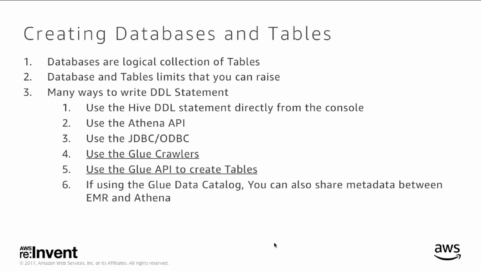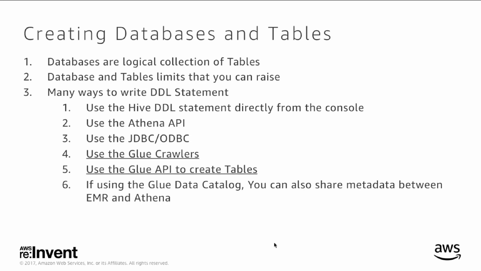One way is crawlers. Crawlers are an automated process that allows you to define a target S3 bucket that the crawler will go out and inspect, infer the schema, extract all the schema and table information, and create the table for you without you having to worry about creating DDL statements or anything like that. It's an automated process to discover the data and populate the data catalog.